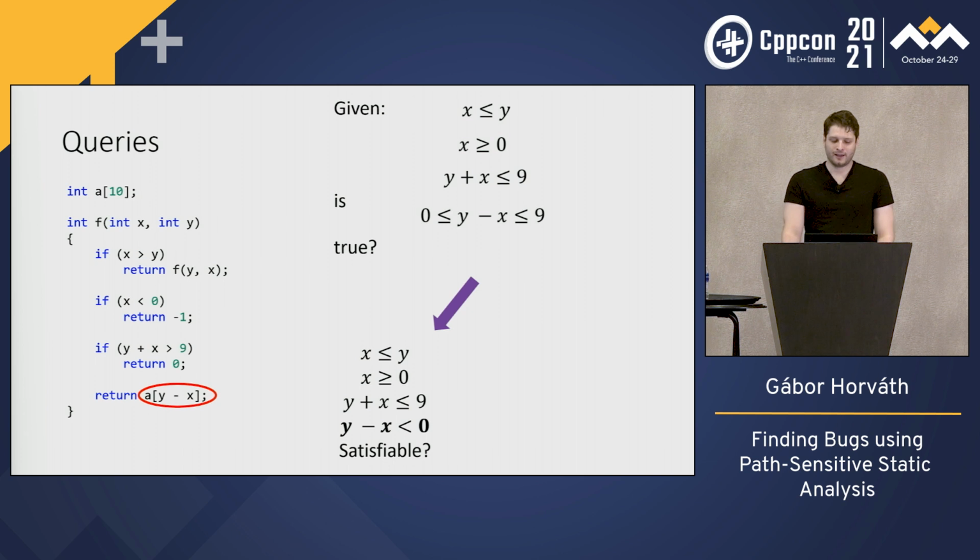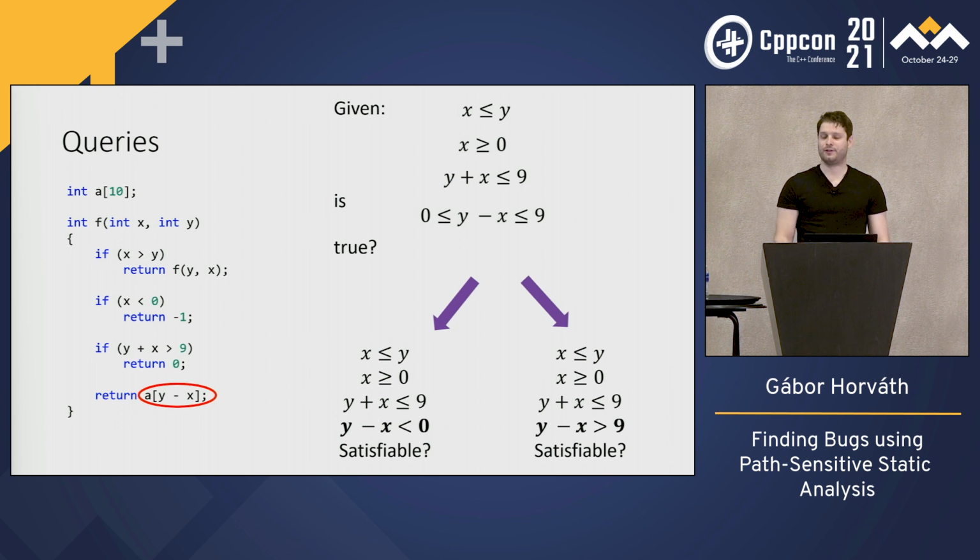So basically, we can create a system of inequalities where the last inequality is describing a case when we underflow. If this system is unsatisfiable, then we cannot underflow. Similarly, we can create a set of inequalities where the last inequality describes the case when we overflow this buffer.